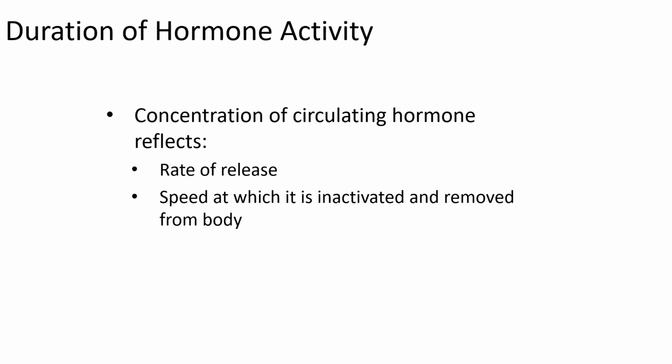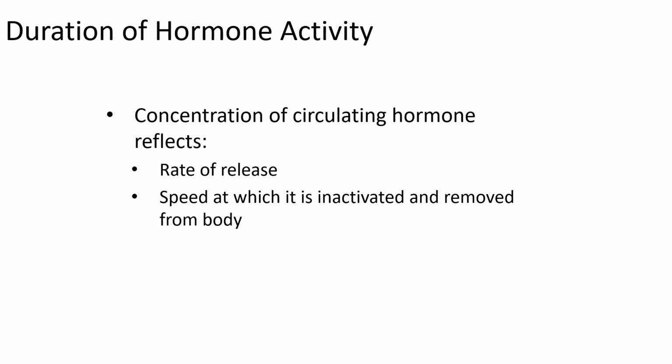All right, so the concentration of a circulating hormone is going to depend on how quickly the hormone is secreted and how fast the hormone is broken down. So it depends on the rate of release and the speed at which it is broken down, inactivated, and removed from the body.